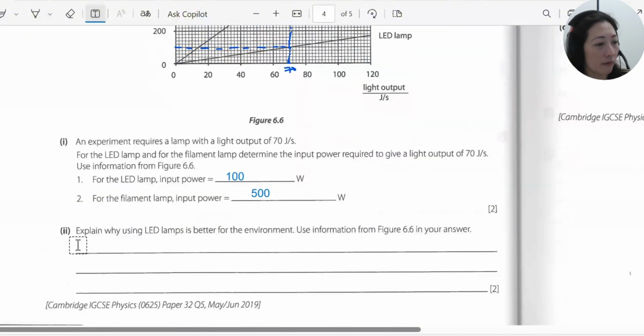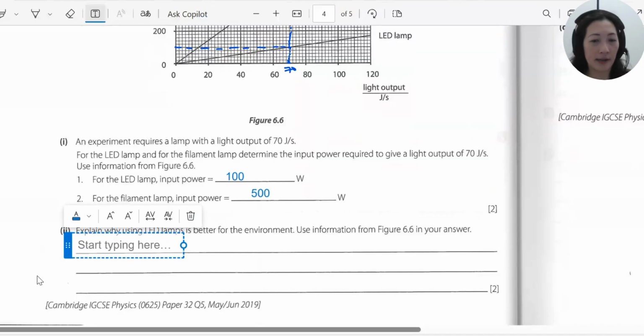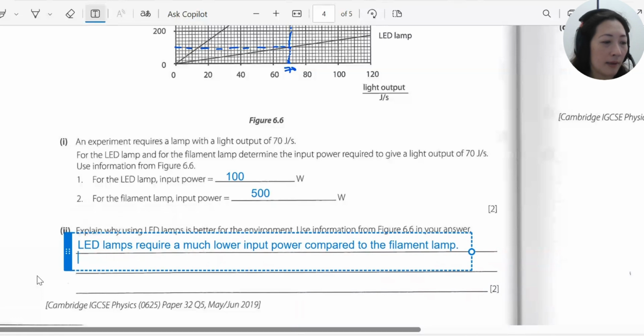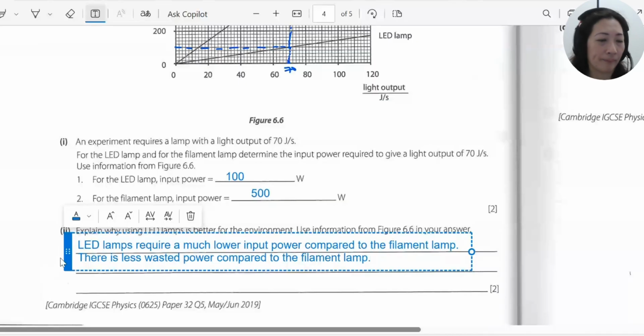So what you can write here is, LED lamps require a much lower input power compared to the filament lamp. There is less wasted power compared to the filament lamp.